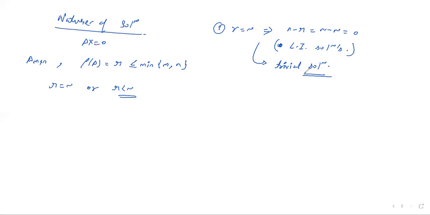The second case is if r is less than n. In this case the system possesses a non-trivial solution.